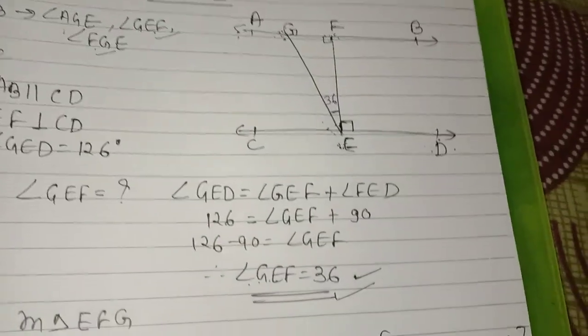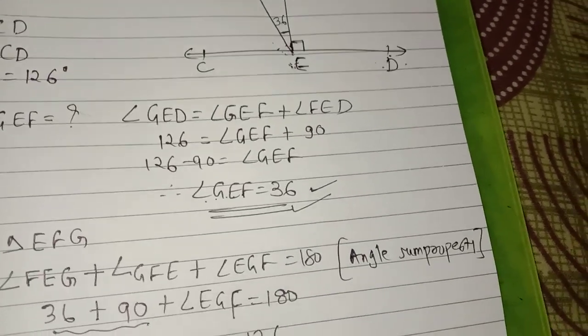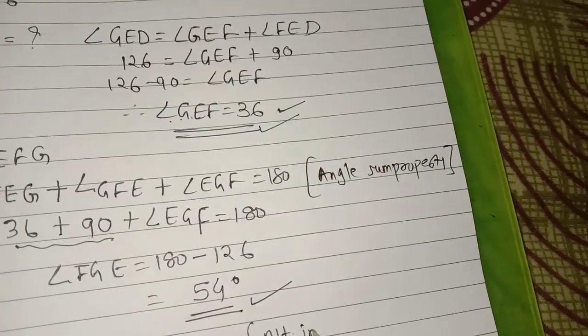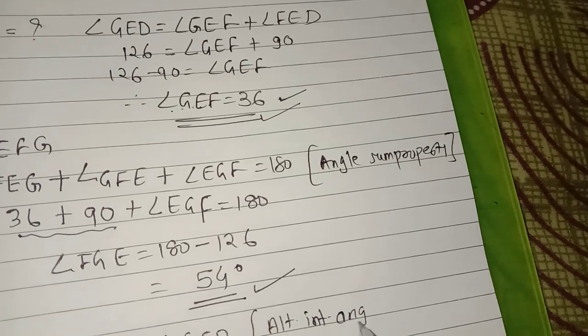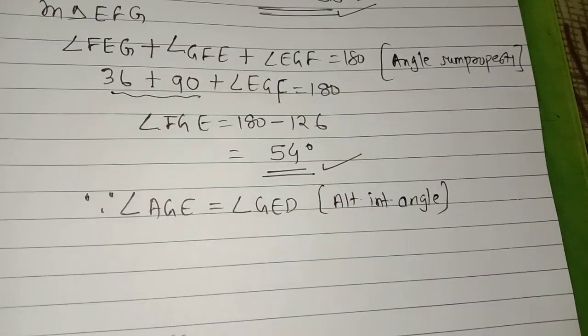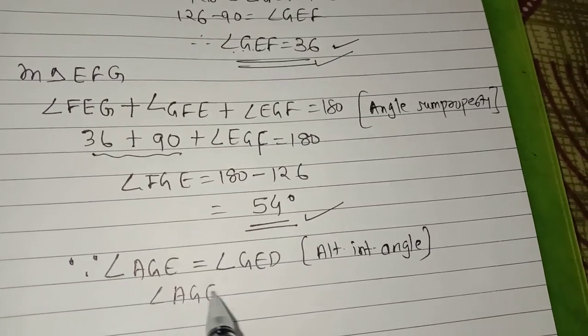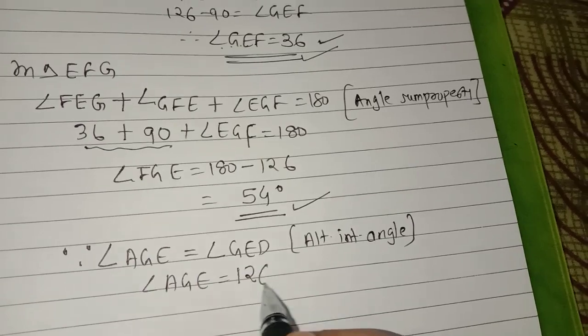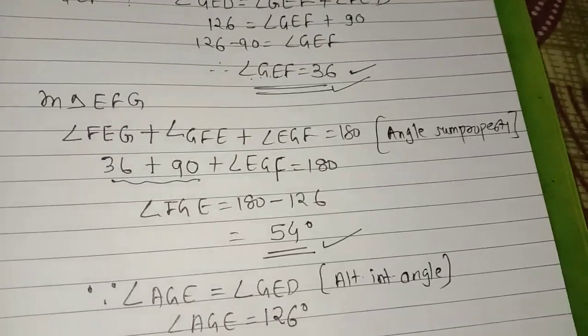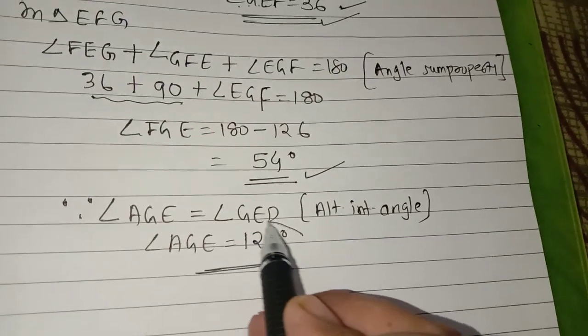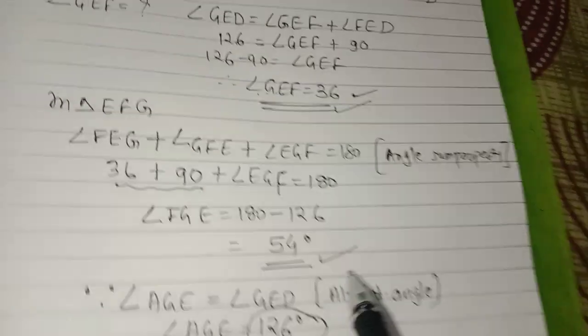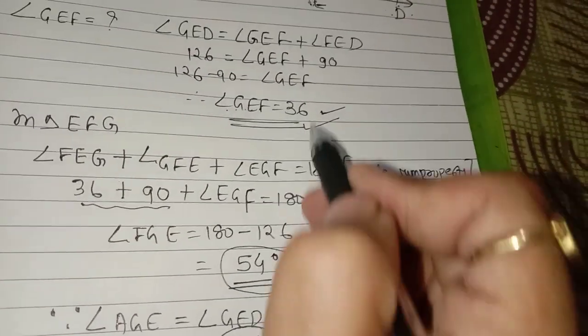Anybody guess why? It is alternate interior angle. So simply the value of angle AGE is equal to 126. So these are all what we have done according to our requirement: 126, 54 as well as 36.